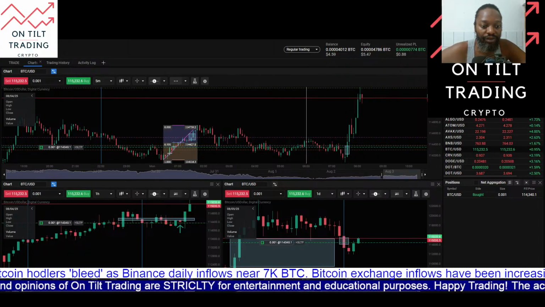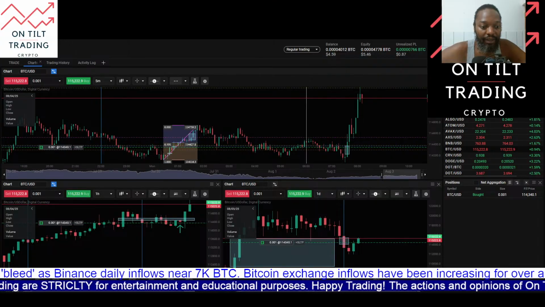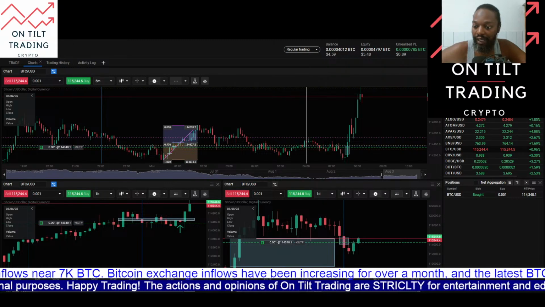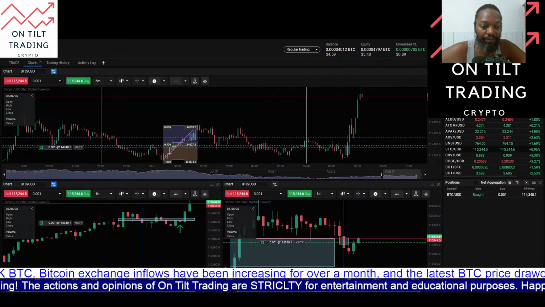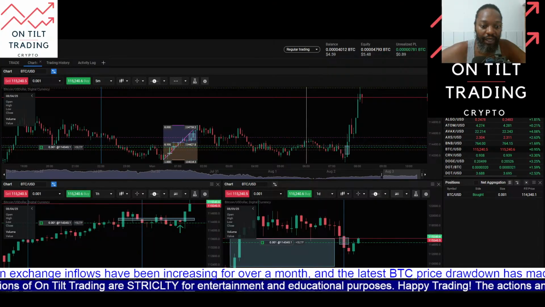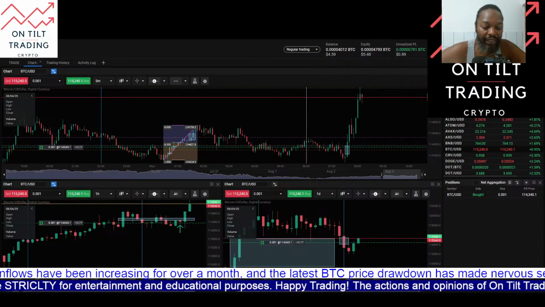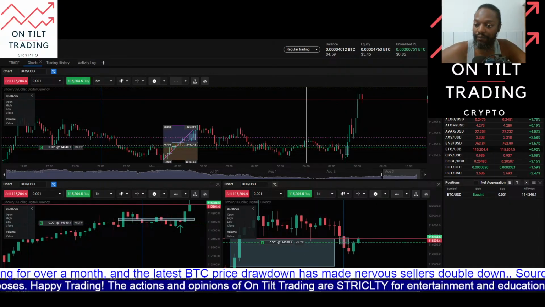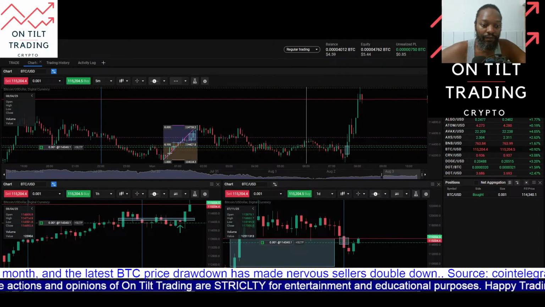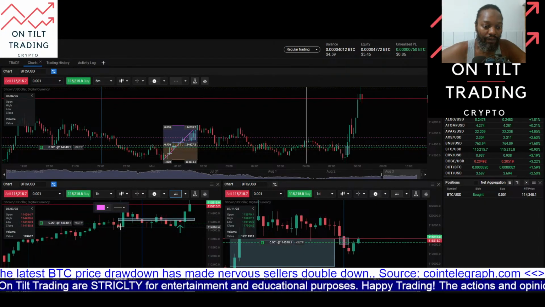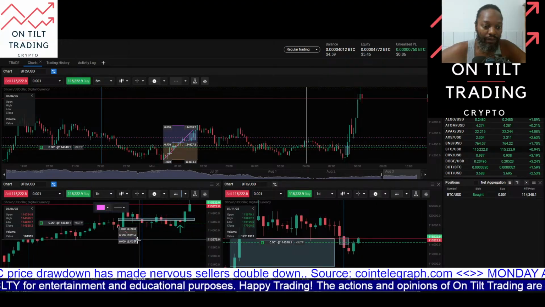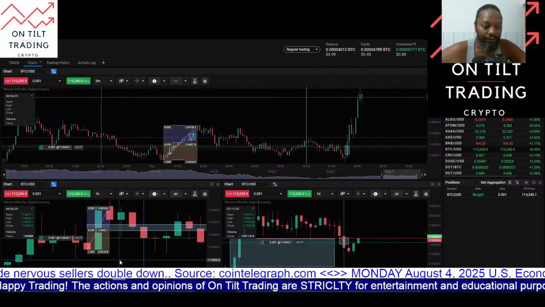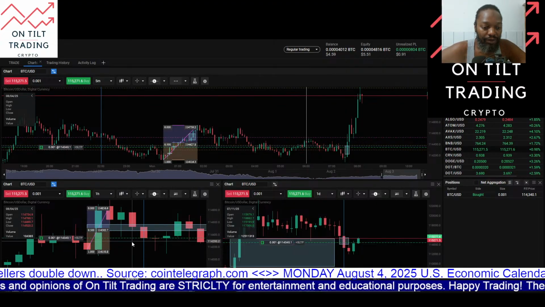So this is a break of structure, pulling back, and then pulling back into this fair value gap. Actually, after pulling back into the fair value gap, it consolidates around it, and now getting some buy side delivery here. And took this position here.